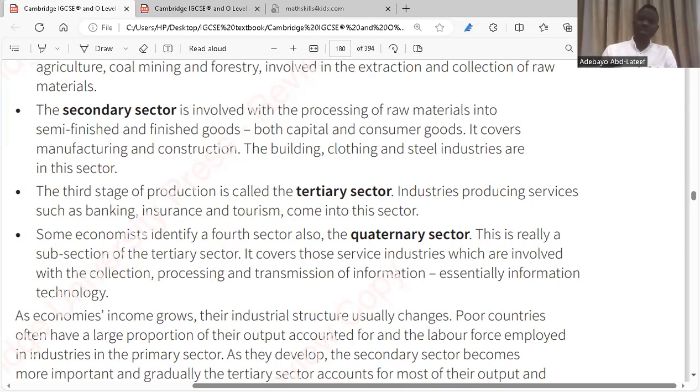So the sector that does the conversion of raw materials into finished or semi-finished goods are called the secondary sector businesses. Yeah, they use capital. That's why we talk about capital. So the secondary sector, they produce goods for other businesses and they produce goods for consumers. So they produce capital goods or consumer goods. Is it clear? Yes. That's the secondary sector.